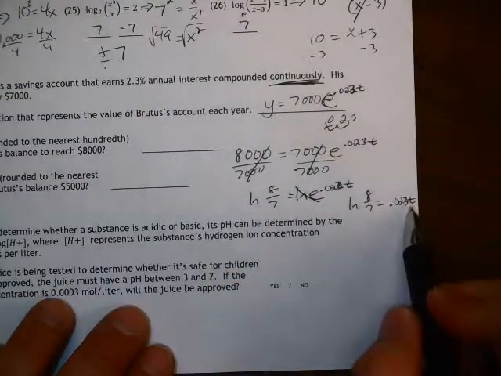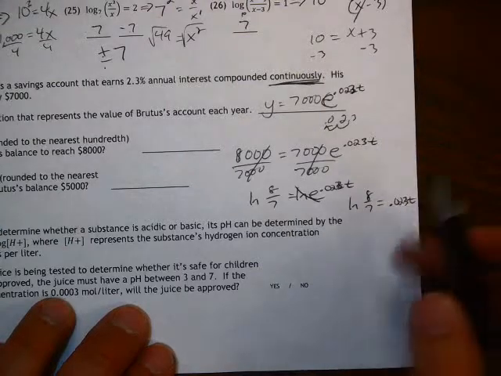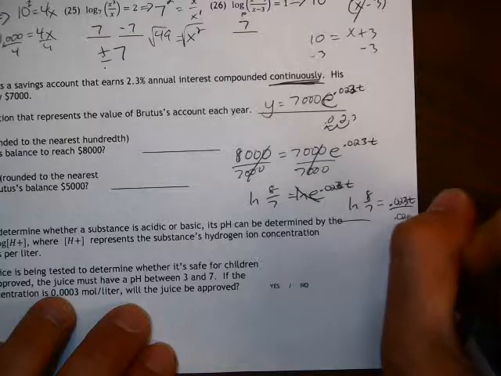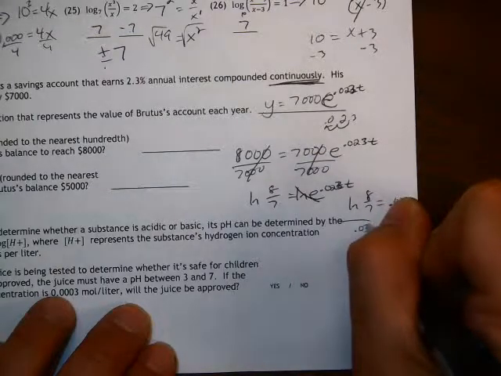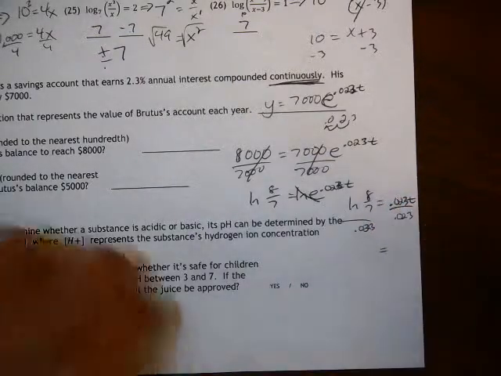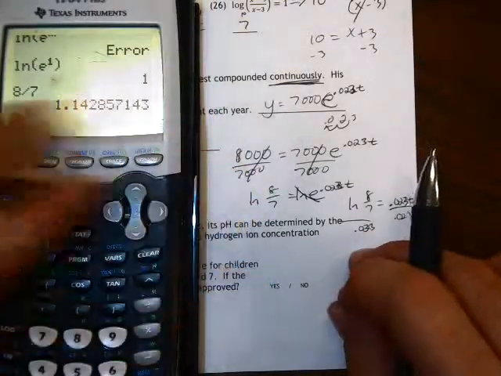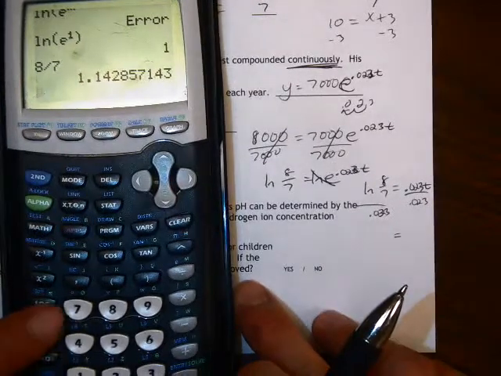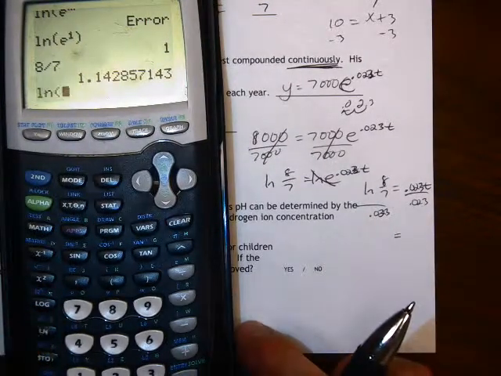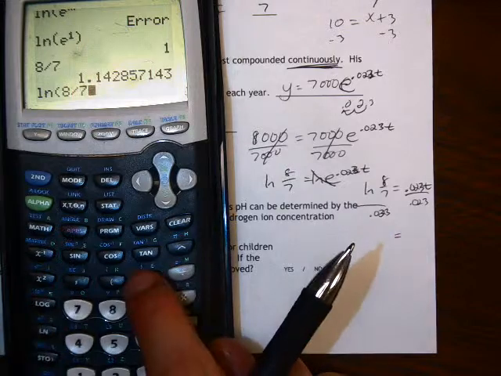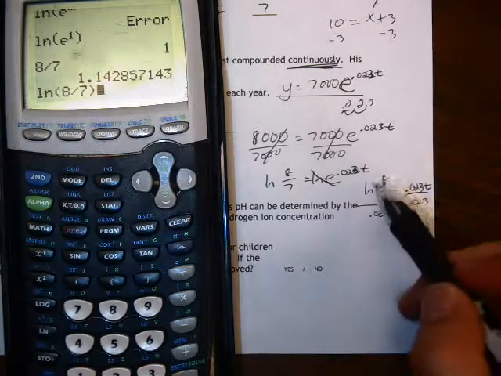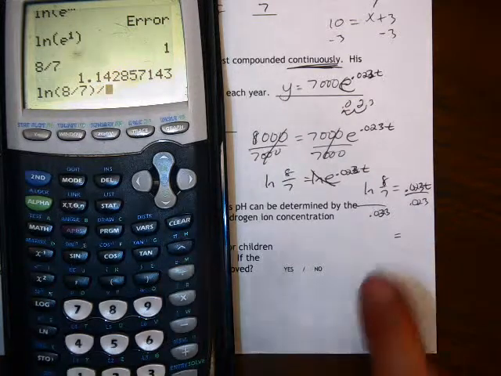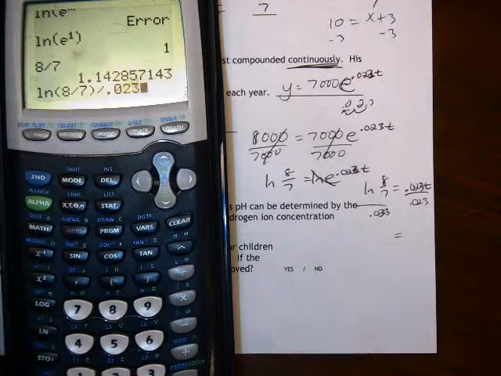Now the idea is, again, to solve for t, so I have to divide both sides by that decimal, 0.023. It looks ugly, but we'll see how this works. Now if I go to the calculator, I'm going to take the natural log, there's my ln button on the left here, the natural log of 8 divided by 7, close parentheses, that's this numerator, and I'm going to divide that by 0.023.